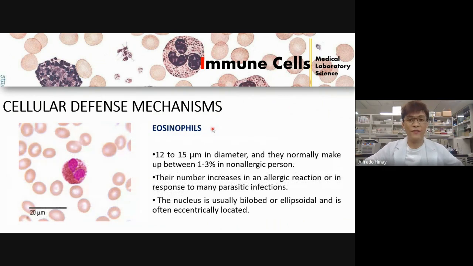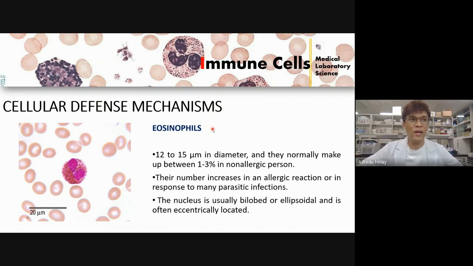Next, you have your eosinophil. Okay, your eosinophil is somewhat almost the same with your neutrophil, around 12 to 15 micrometer in diameter. And they normally make up between 1 to 3%, matching class, from 70% na neutrophil to 3% na class, eosinophil in a non-allergic person.